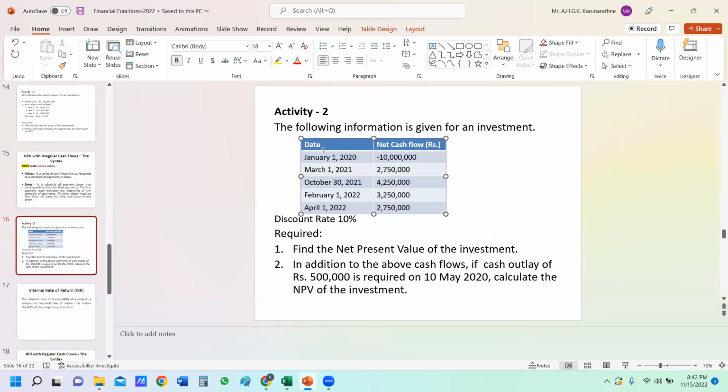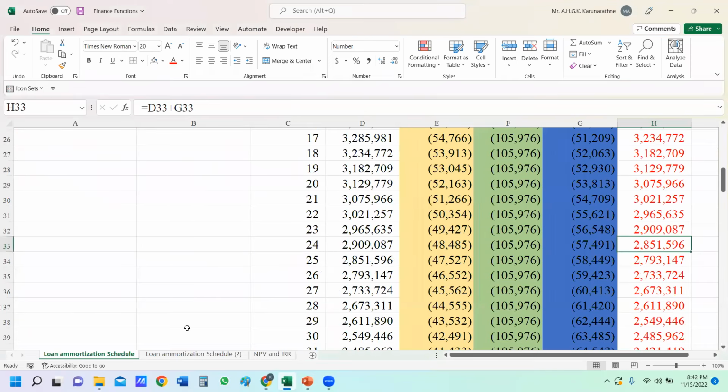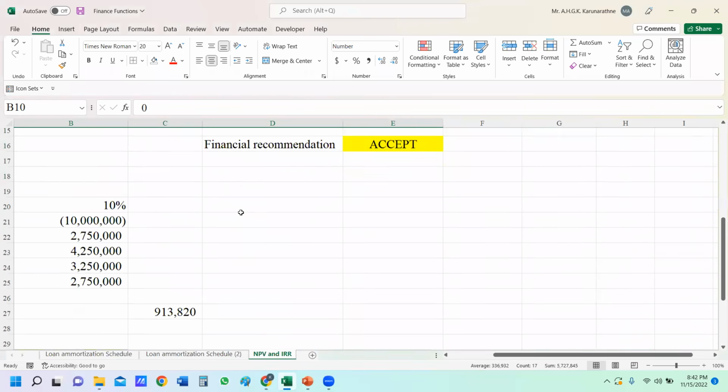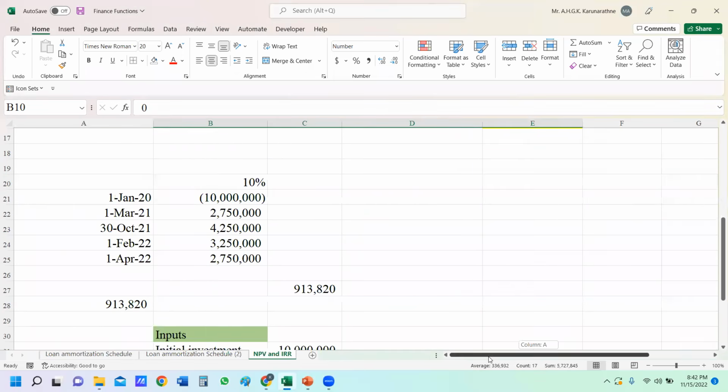Okay, so this is the information available. We'll directly take this to our calculation schedule. I have already taken the figures, so we can save time. There are 5 cash flows, 1 outflow and 4 inflows, starting January.